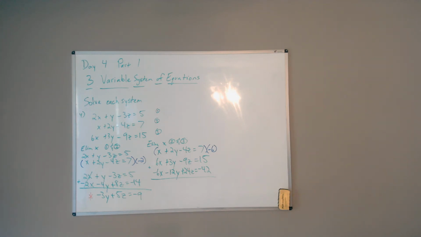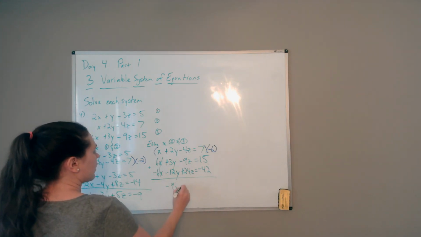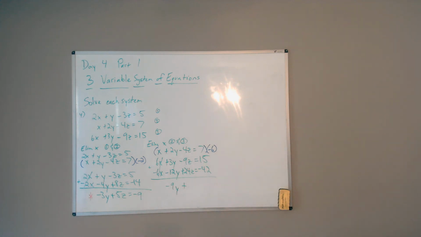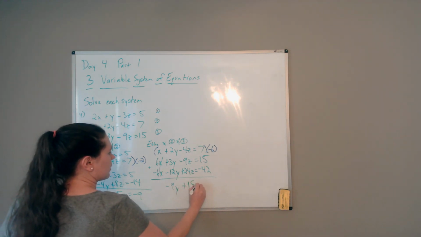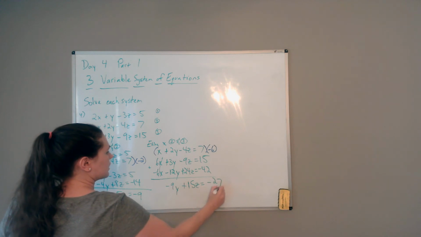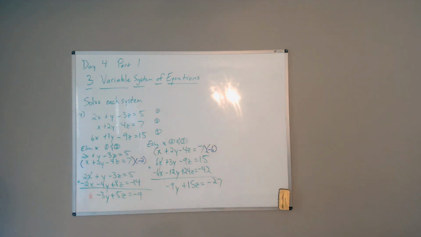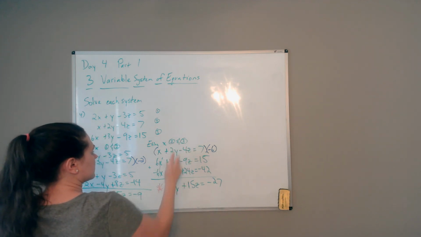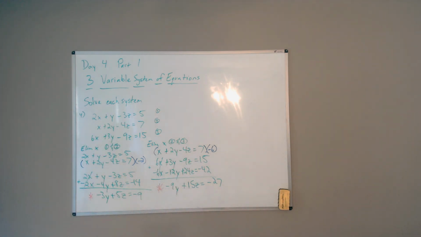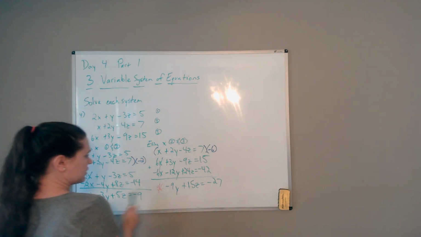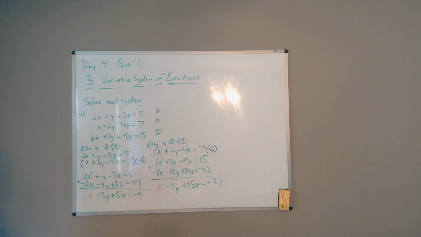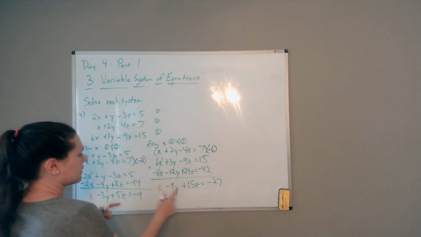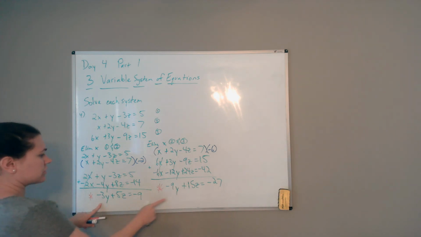And so that gives us, this is gone, -9y, okay, plus 15z equals -27. Okay, so these two planes intersect at this line. So now what we're doing is making sure that these two lines intersect. And if they intersect just once, then we have a unique point here. Okay, so this is our system.